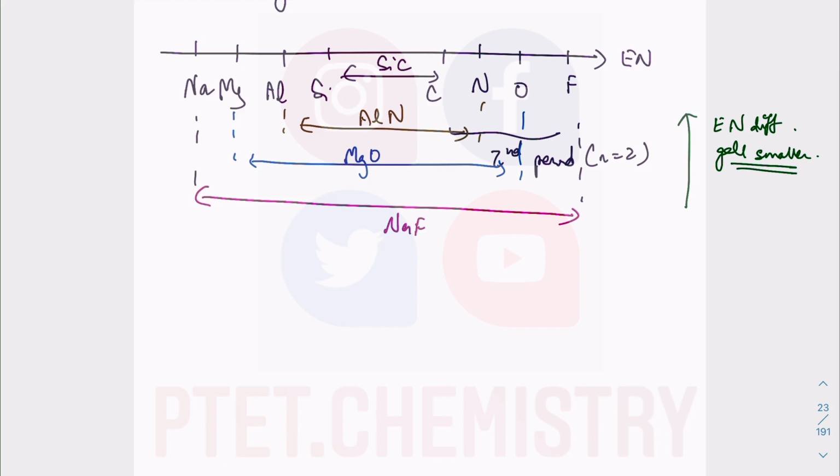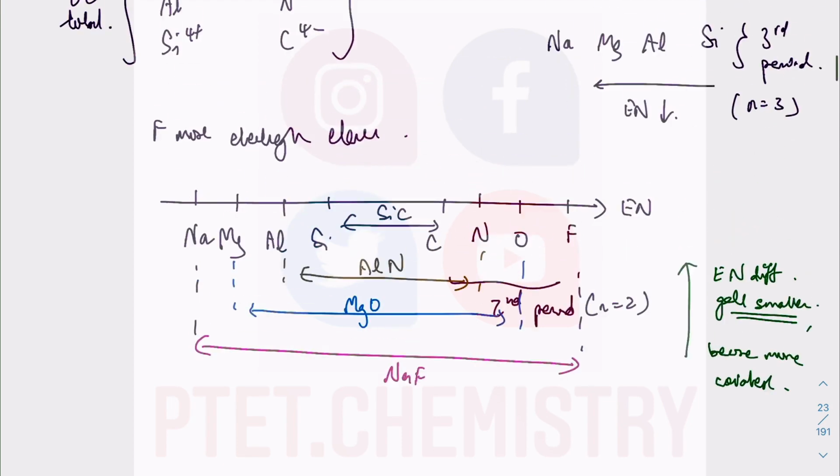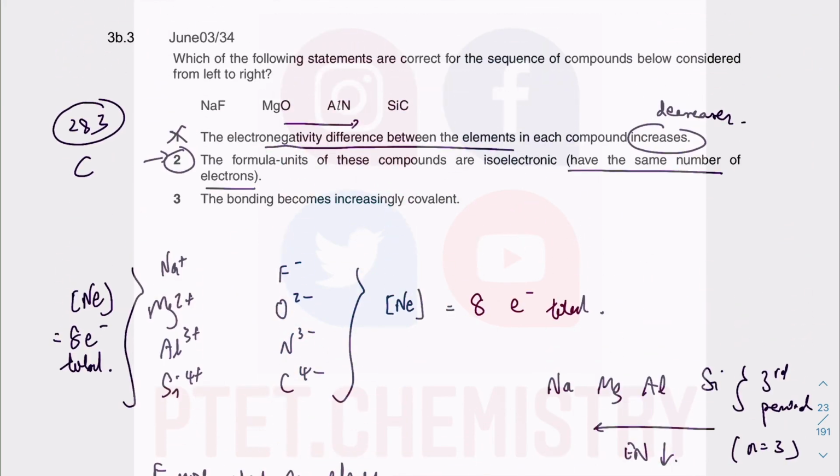When the electronegativity difference gets smaller, it becomes more covalent. It prefers covalent, meaning sharing electrons, rather than transfer of electrons. As you go from here to here to here and to here, indeed it does become increasingly covalent as the electronegativity difference gets smaller.